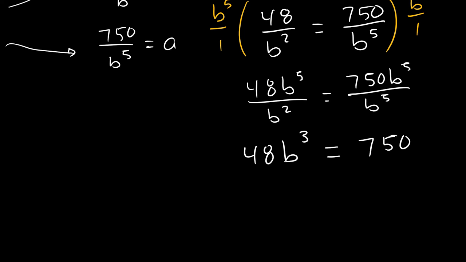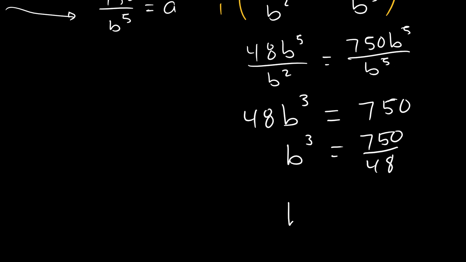So I now can see a clear path for figuring out what b is, and it's basically what I just did in the other method. This ends up becoming b to the third equals 750 divided by 48. And we've seen this before. This is going to be b is equal to 750 divided by 48 to the 1/3 power.